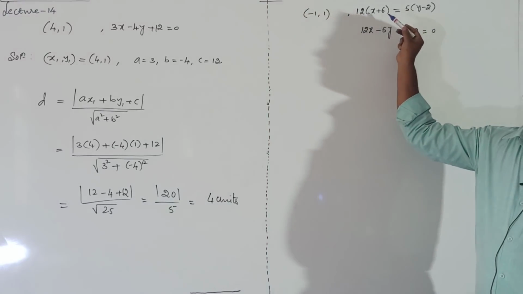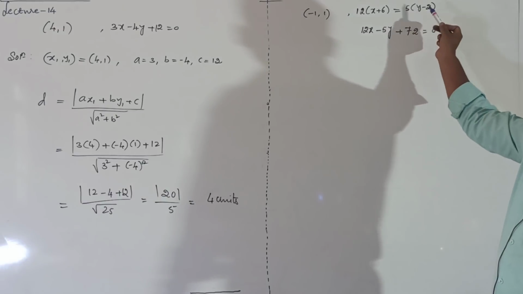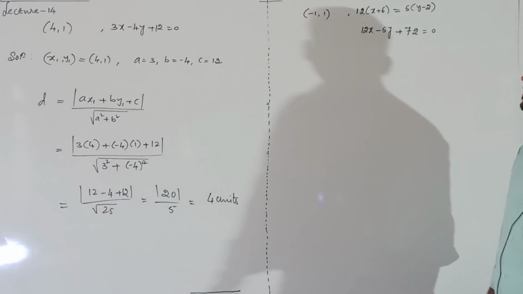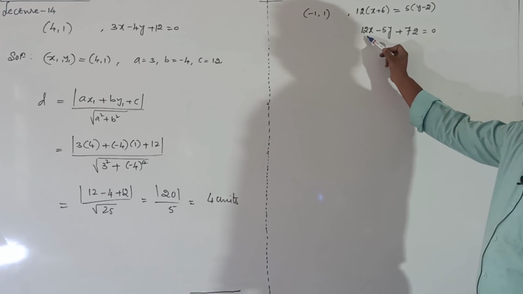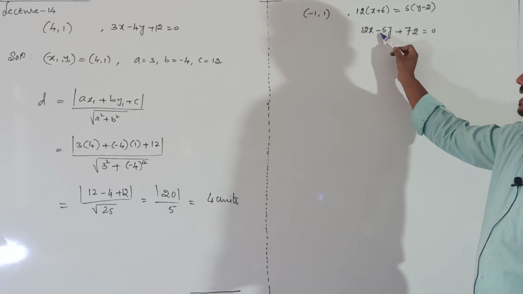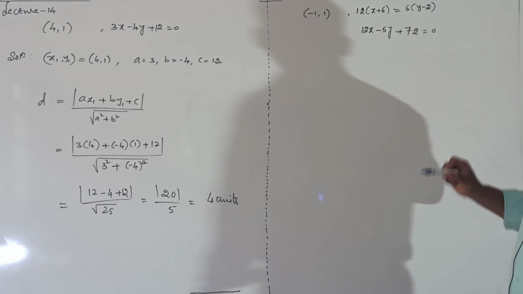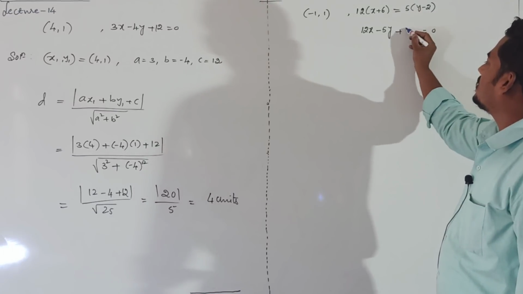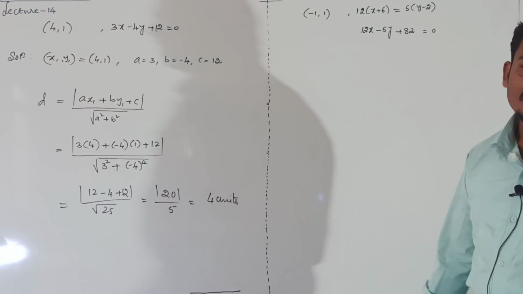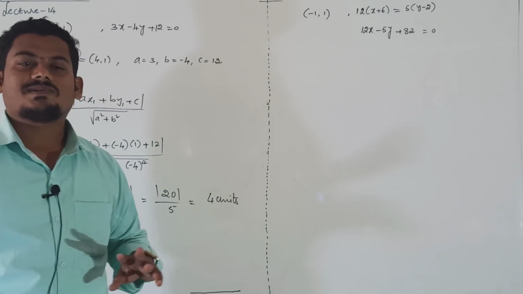First usual multiplication, 12 into x is 12x plus 72, after that in RHS 5y minus 10, take all the terms into LHS, then 12x as it is, this plus 5y becomes minus 5y, plus 72 plus 10 is 82, right? Now clearly this line is in the form of ax plus by plus c equal to 0.